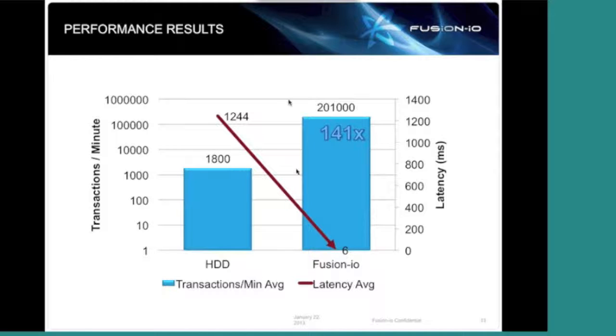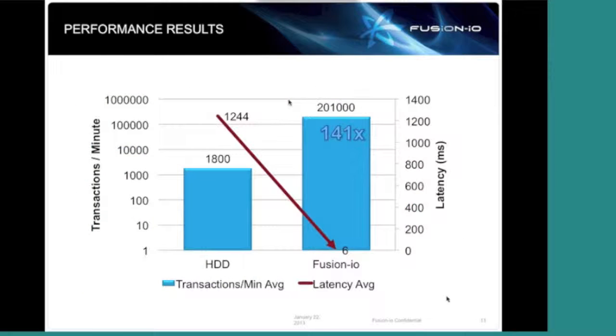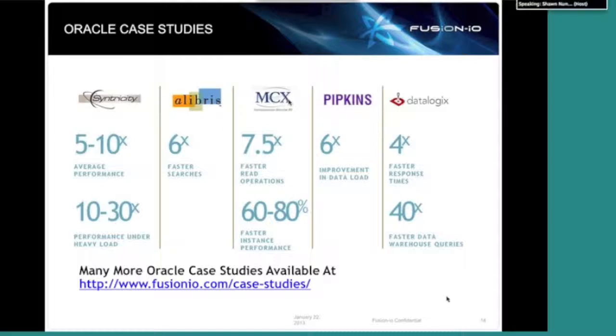So pretty staggering achievement. I apologize for the beeps. I think the next time we do this live demo, we'll turn off all the beeps and auto-mute everybody. But so there you go, a live demonstration of what we can do on a server right in front of you. And here's some results that our actual customers have experienced in the field.